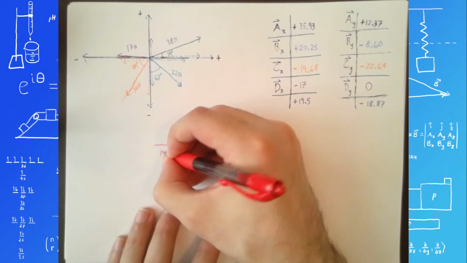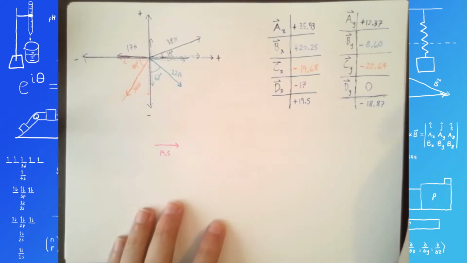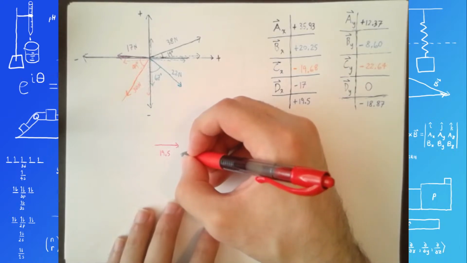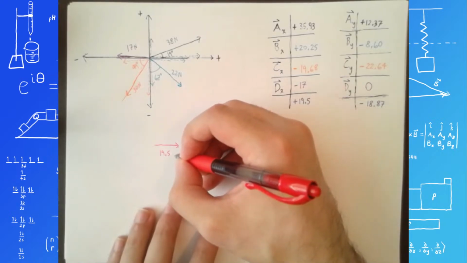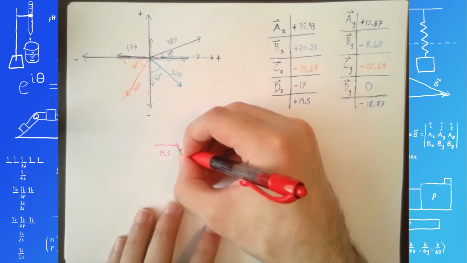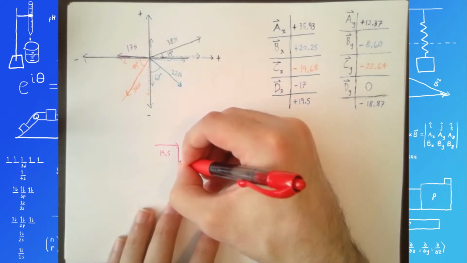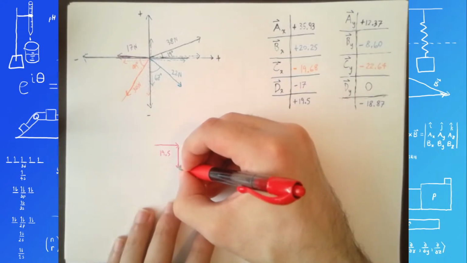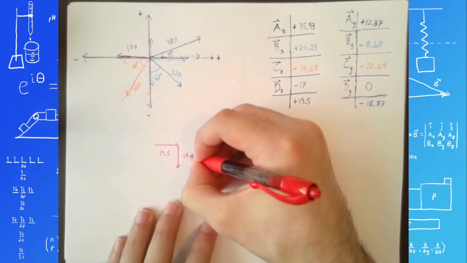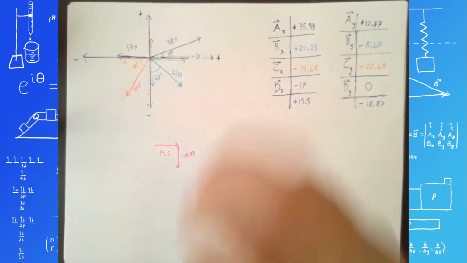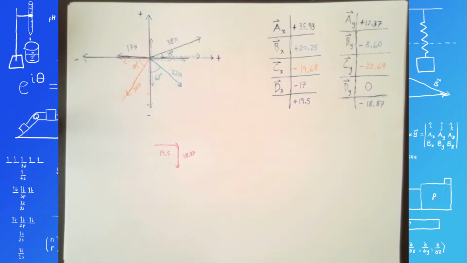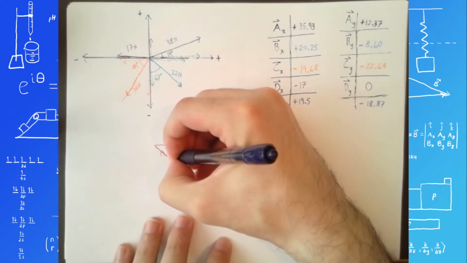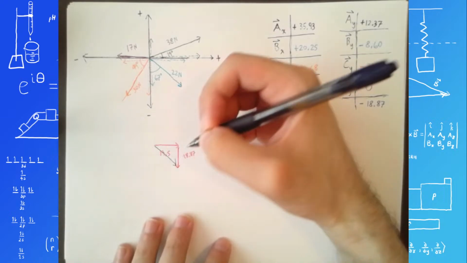So that's 19.5 to the right and 18.87 downward. And if I draw the right triangle, closing this, I get something like that.